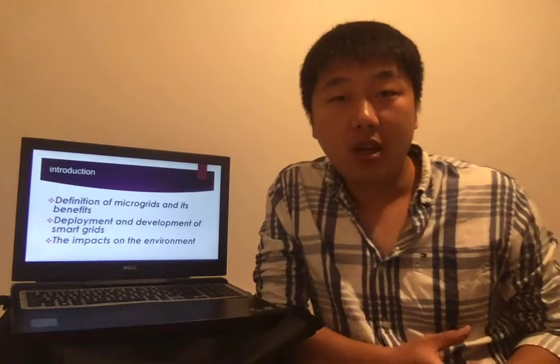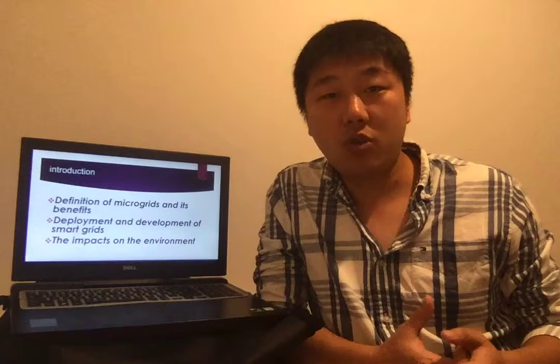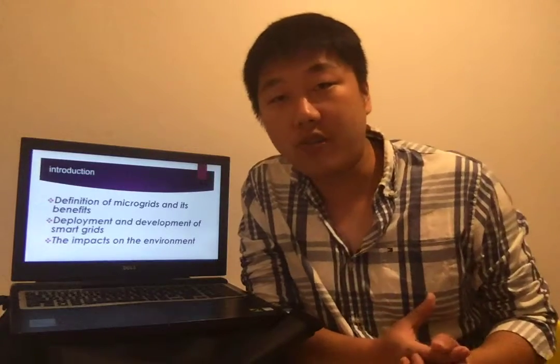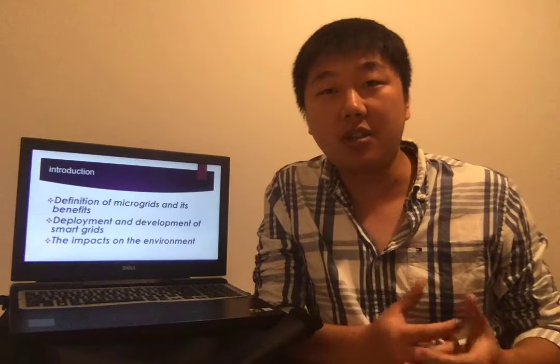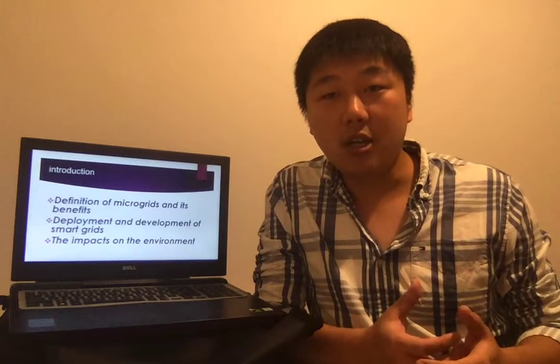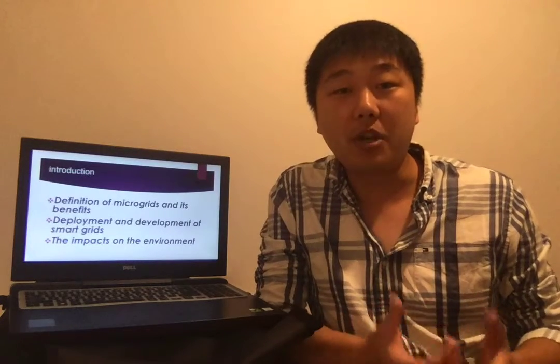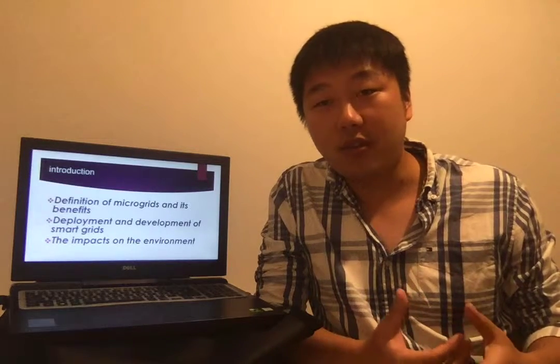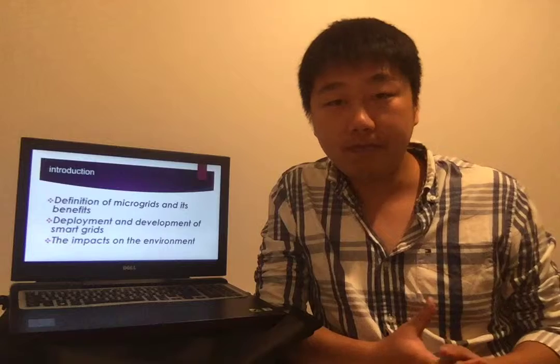As we know, environmental issues have gradually become the focus of research because increasing amounts of carbon gas emission in the atmosphere lead to climate change. So renewable energy technologies have developed rapidly.